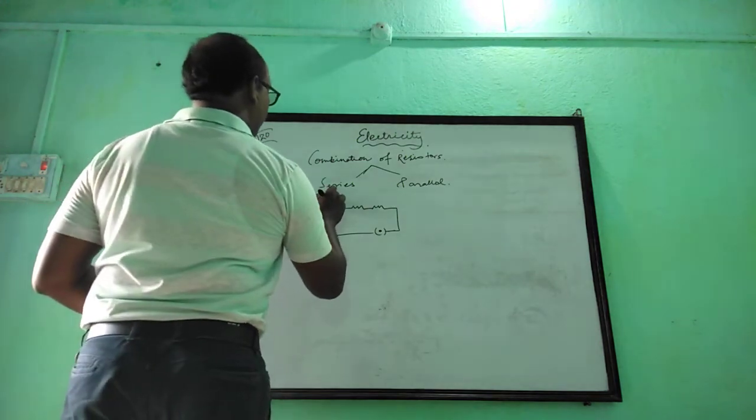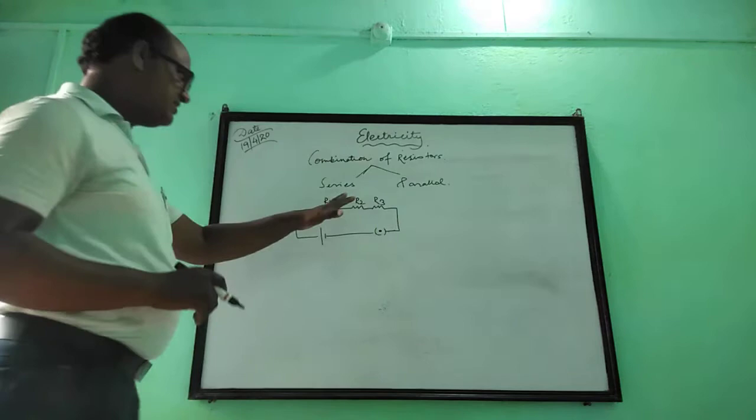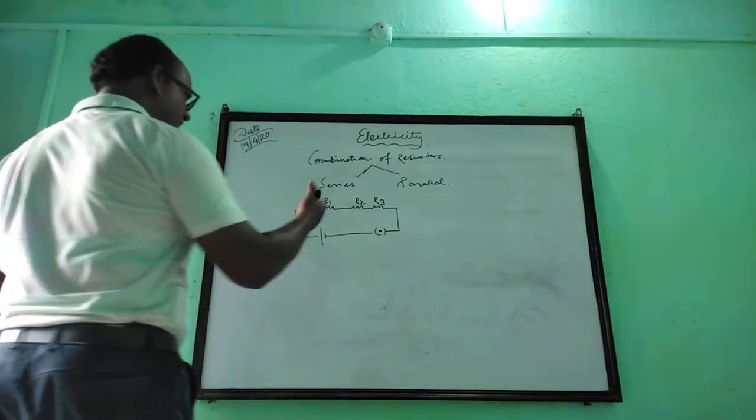This is R1, R2, R3. These are the resistors.